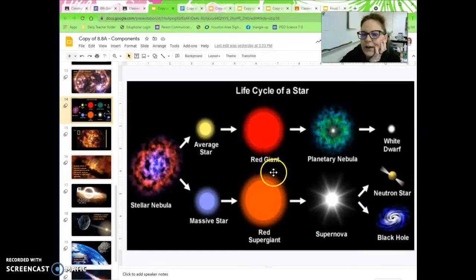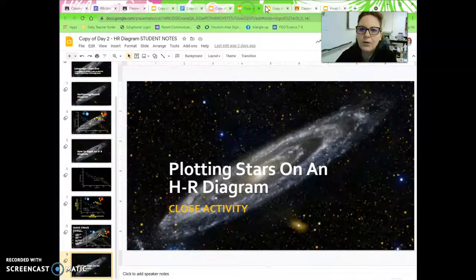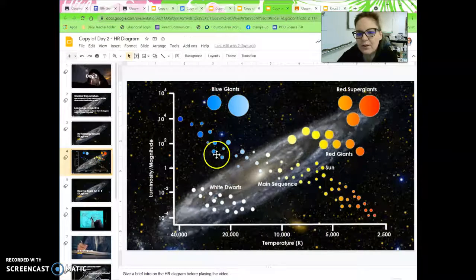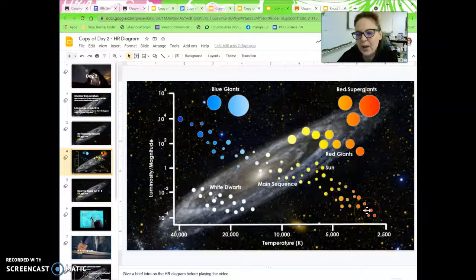There it is. And then for these less massive stars, they eventually lose those outer layers, and it just leaves the core, which is the white dwarf. So that's kind of how these move. So they start out somewhere in here based on their mass.